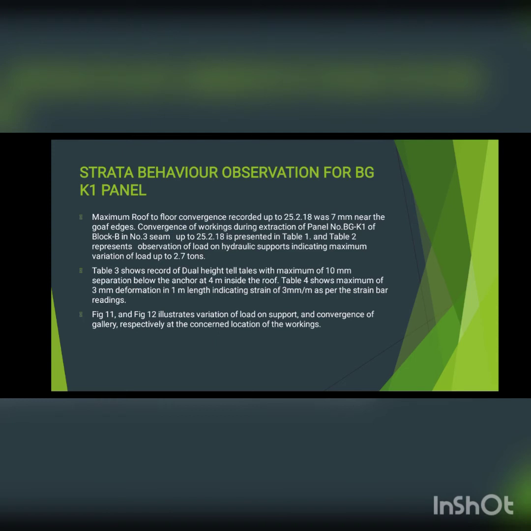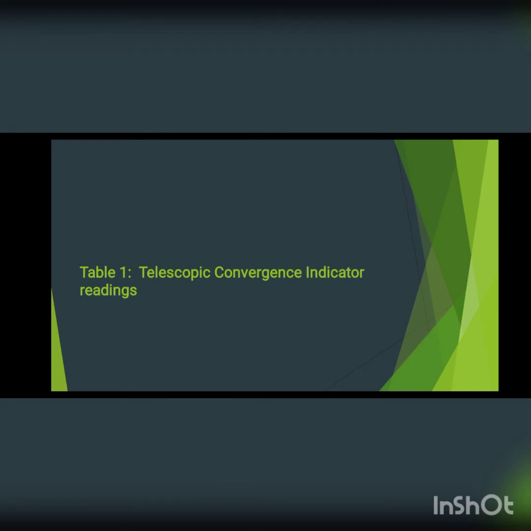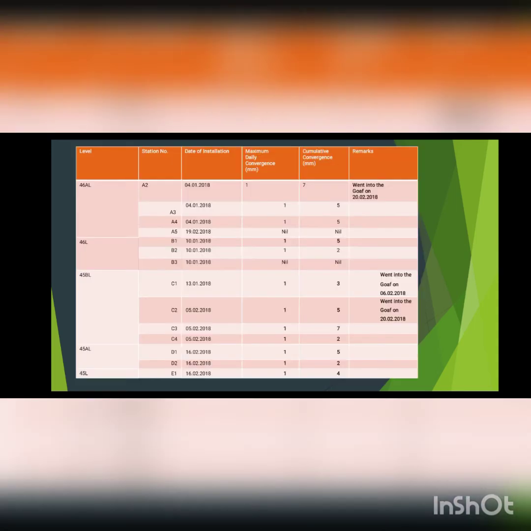The maximum roof to floor convergence recorded up to 252.18, so this is boring stuff. We'll move on to telescopic convergence indicator readings. So we have telescopic convergence readings here, which tell you the rate of installation, maximum daily convergence, and cumulative convergence.